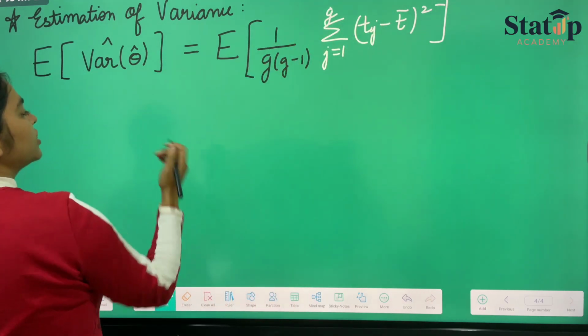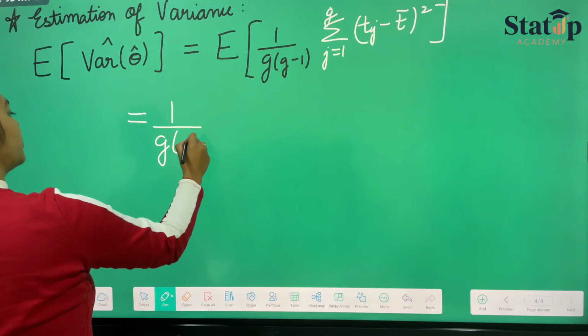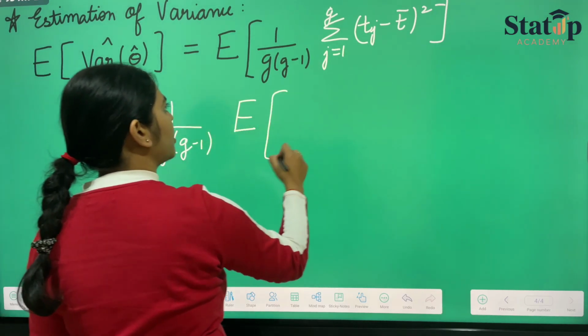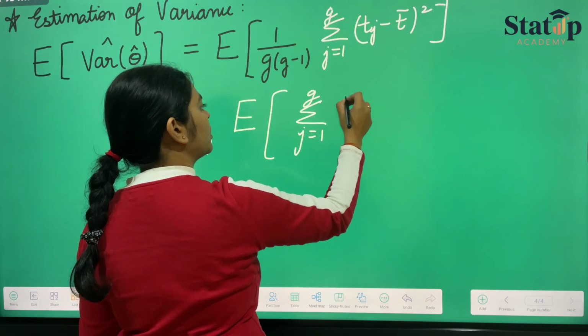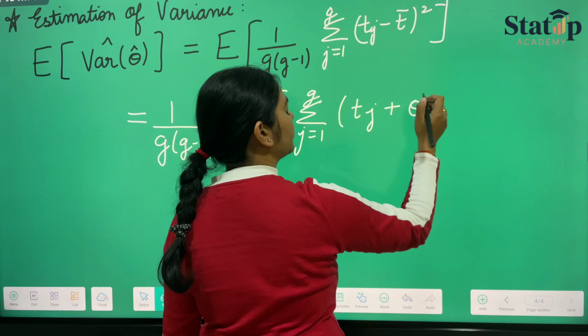Now g minus 1 can come out: 1 upon g minus 1, expectation of summation j goes from 1 to g tj. Let us add and subtract.